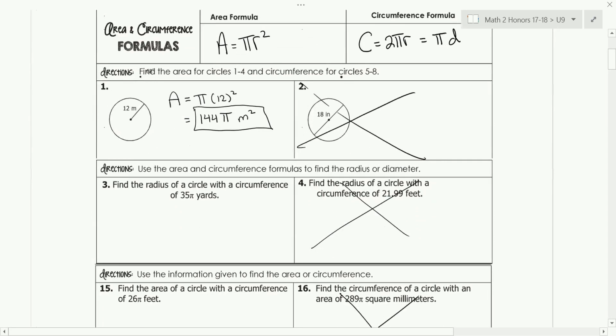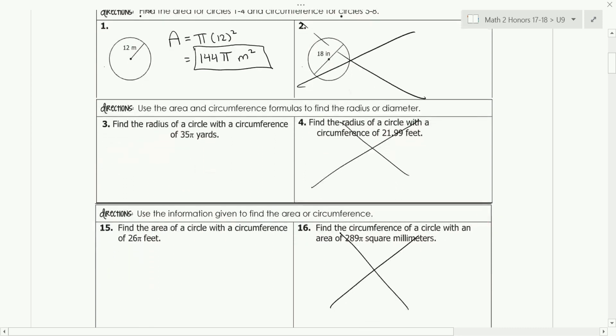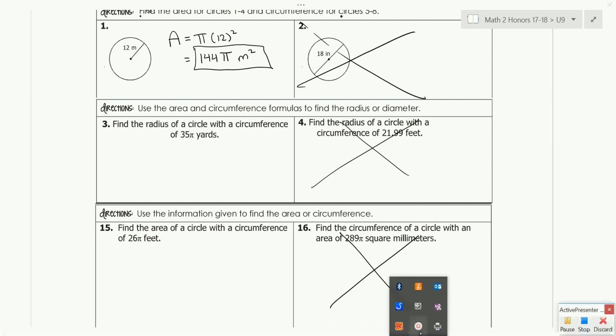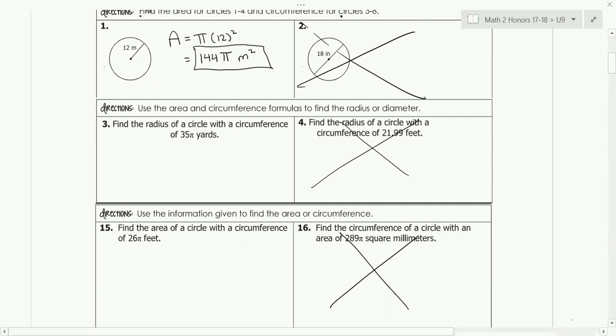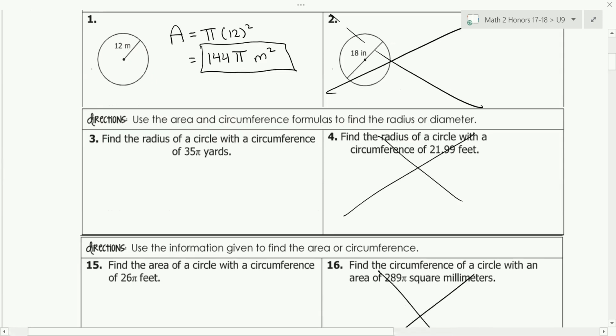So number 3, it says to find the radius of a circle with a circumference of 35 pi yards. Go ahead and solve number 3. Atticus, did you get number 3? How'd you do it?